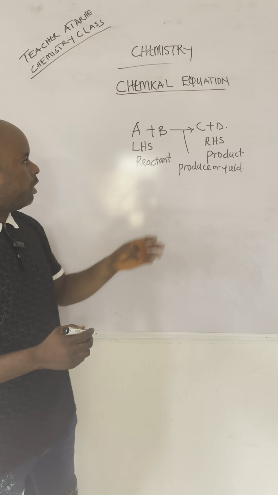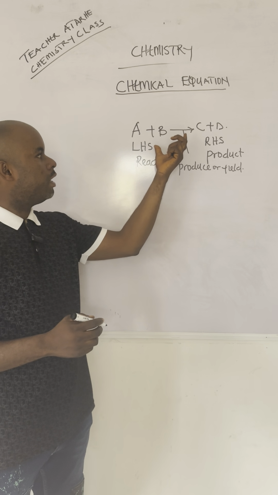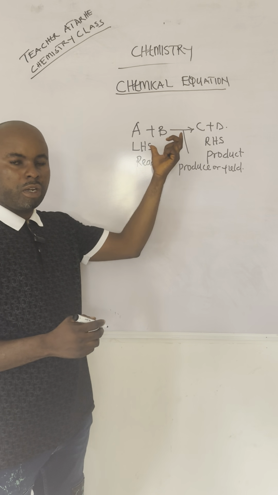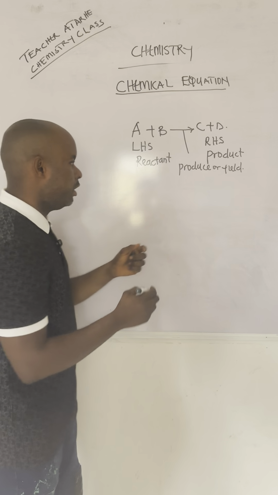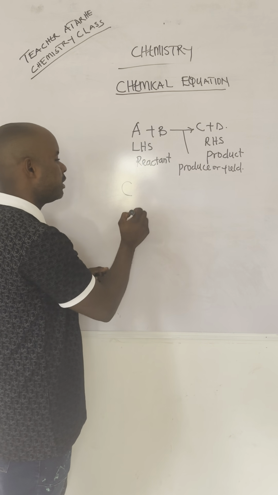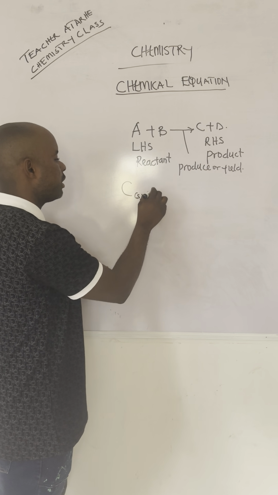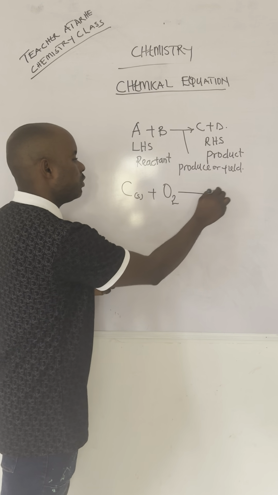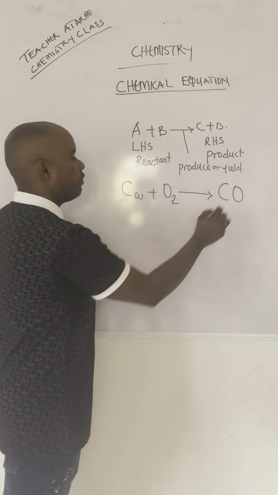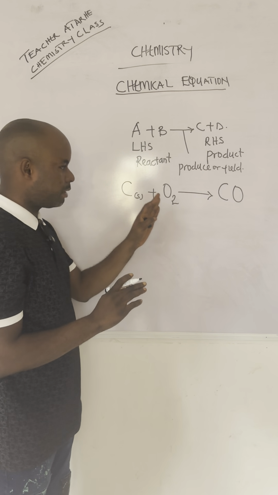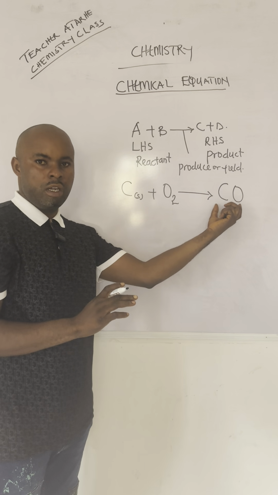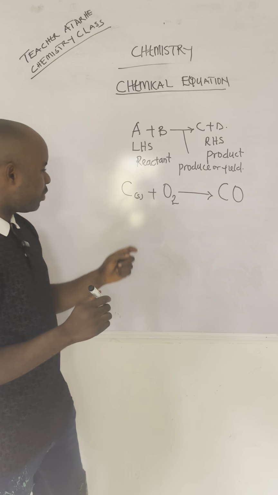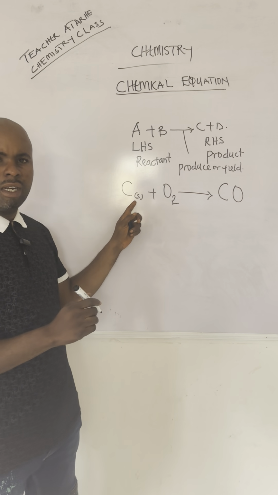In this aspect, we're going to replace this hypothetical illustration with chemical symbols. Let's use carbon, for instance, reacted with oxygen, for instance, to produce CO. I will explain how this product came about. Carbon exhibits two valencies.